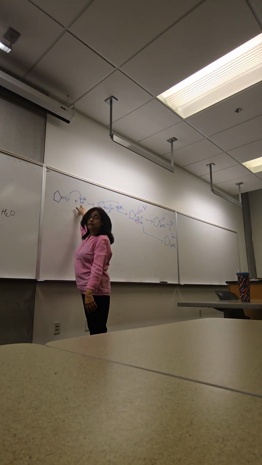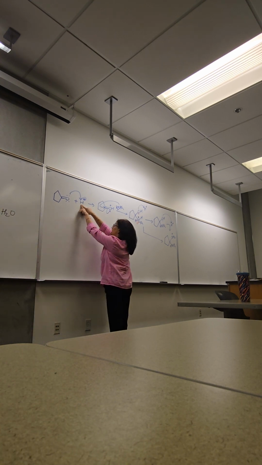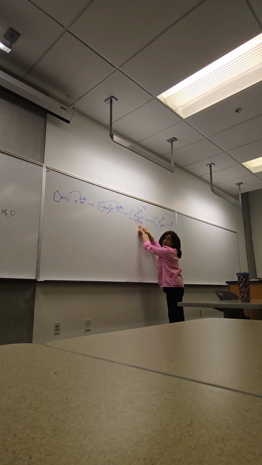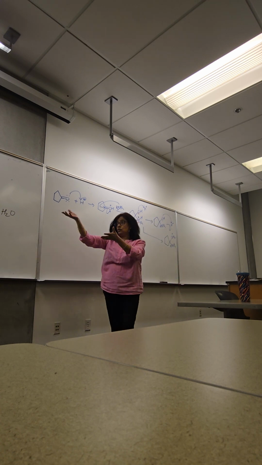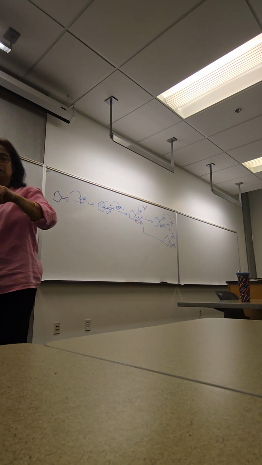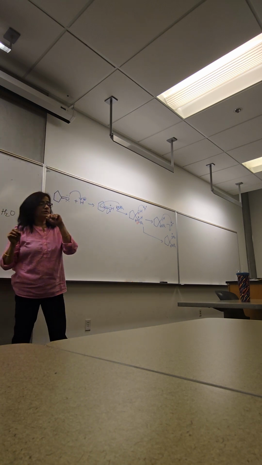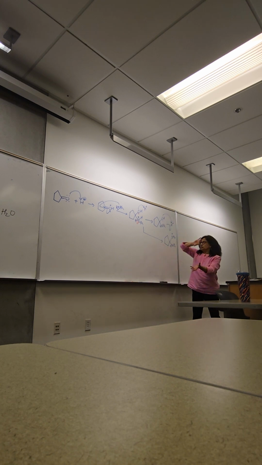I wrote H plus because I had H plus there, so I took an H plus, and I'm giving away an H plus. But if it were H3O plus, then there's water. If it were HCl, there's Cl minus, and so on. Does that answer your question? Exactly. So those are all the things happening when the reaction is taking place.